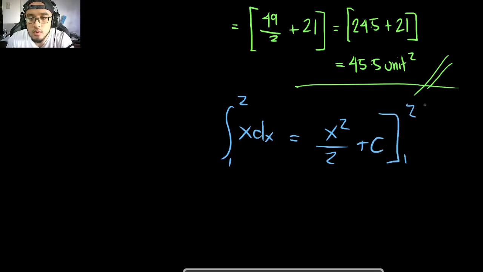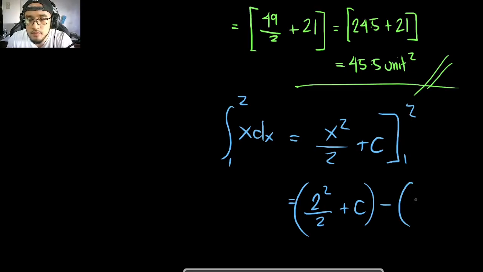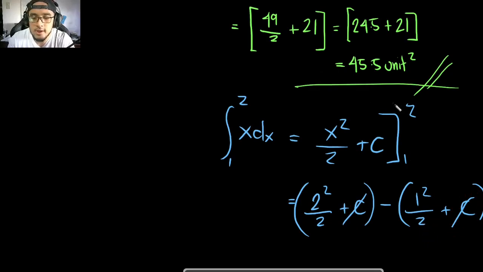If we solve for this already, it is 2 squared over 2 plus c for the upper limit. For the lower limit, minus 1 squared over 2 plus c. So they would just simply cancel out. That's why I don't include this value of c in our formulas.